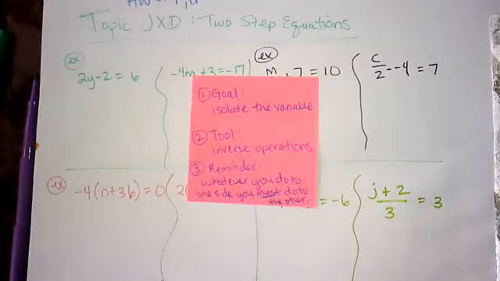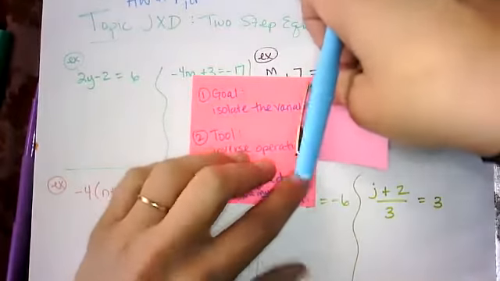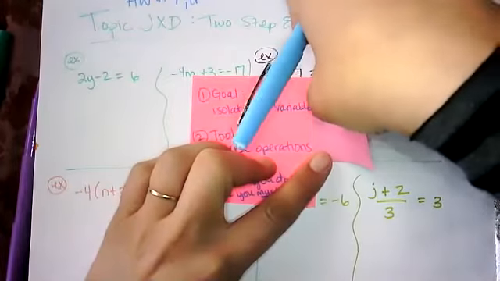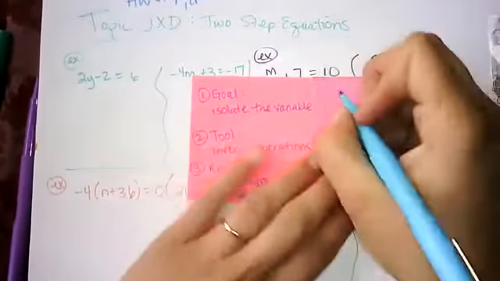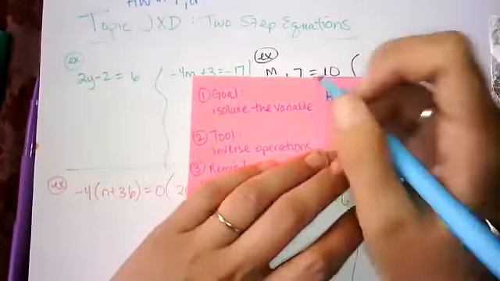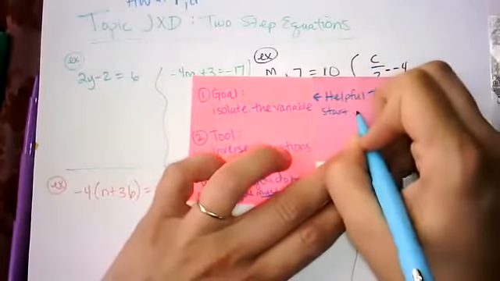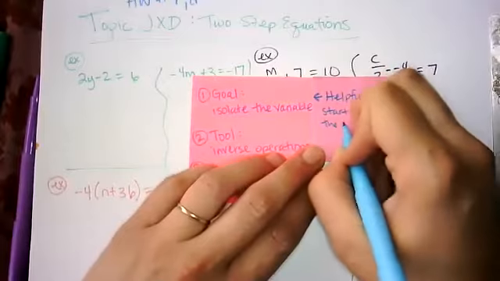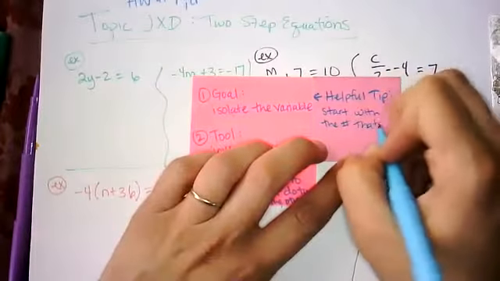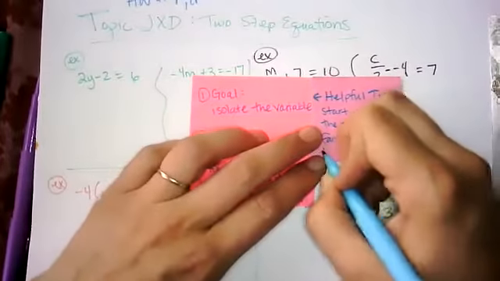One other tip, less mathematical but equally helpful, for isolating the variable: start with the number that's farther from the variable.